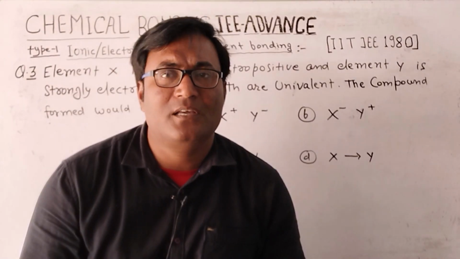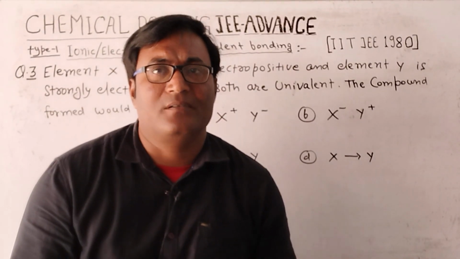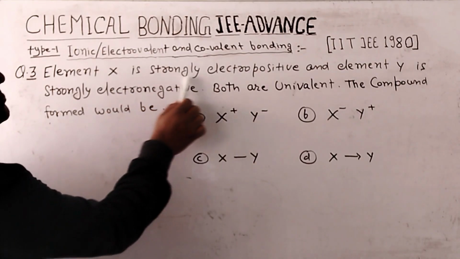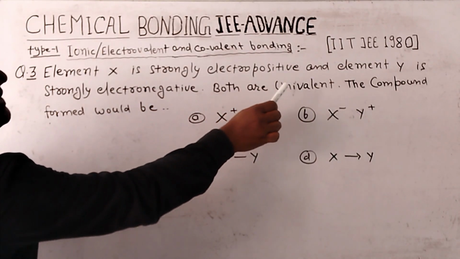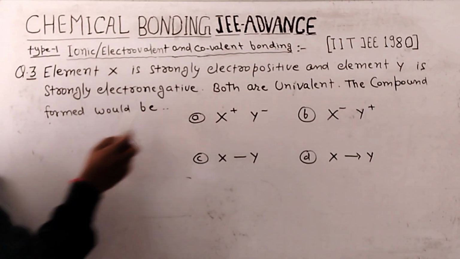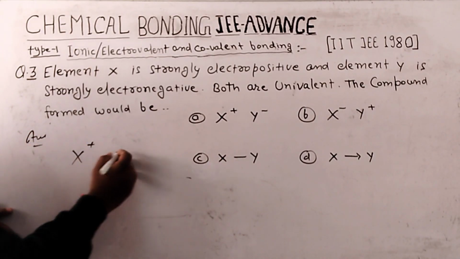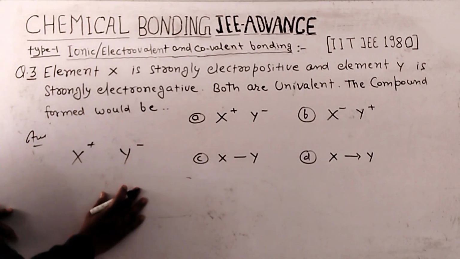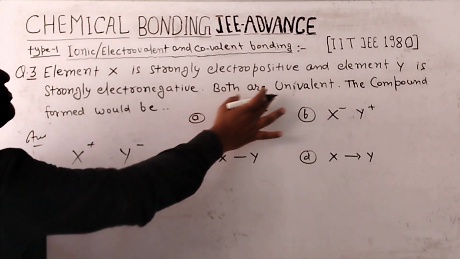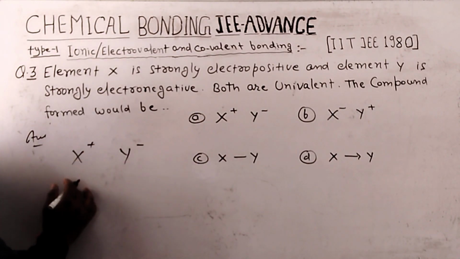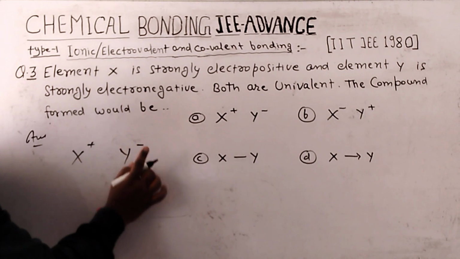Now question 3 is based on ionic bond. According to this question, element X is strongly positive and element Y is strongly negative. Both are univalent. Here the valency of X+ is 1, and the valency of Y- is also 1.